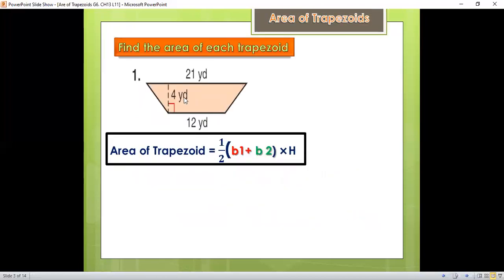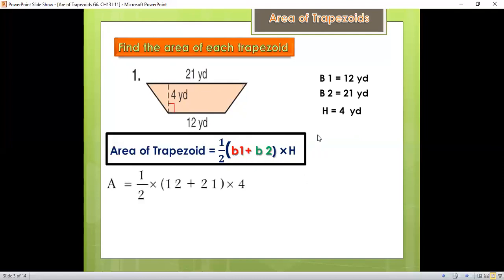Look, find the area of each trapezoid. This is number 1. We have a trapezoid. We have base 1, 12 yards, and base 2, 21 yards, and the height is 4 yards. Then the formula is: area of trapezoid equals half, base 1 plus base 2, multiplied by height.